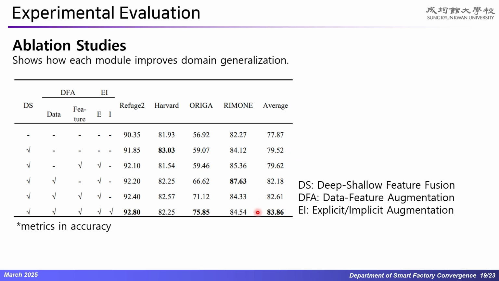But if we used every single module, the DS, DFA, the explicit, implicit, this is deep shallow, we can see that it keeps on improving with using every single module. So we can see that every single module does serve a purpose in domain generalization.